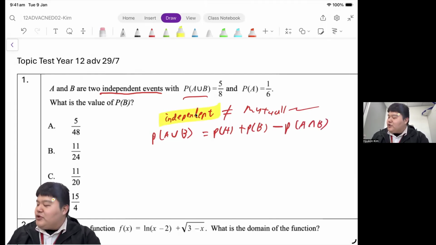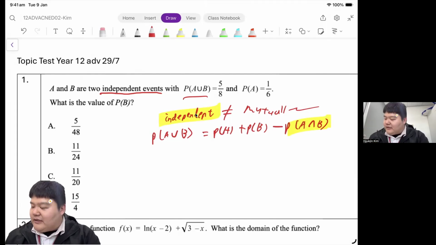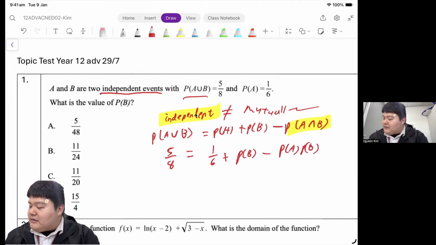It is not mutually exclusive. So now we've got to think about it one at a time. We're looking at 5 over 8 equals 1 over 6 plus PB, let's just call it PB, minus the intersection of the two. For independent events, it's PA times PB.